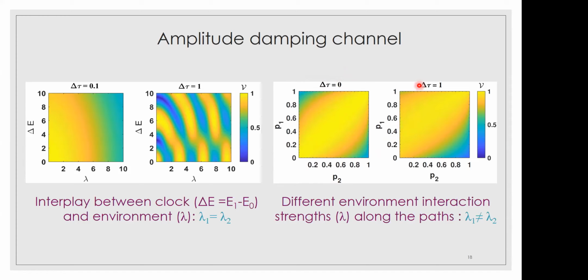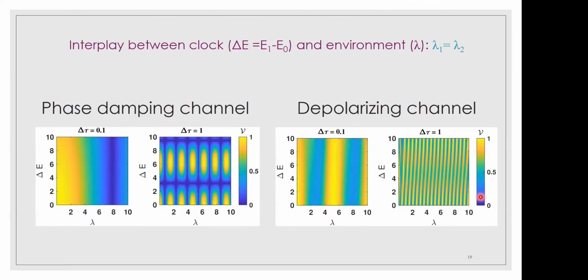And further, for higher proper time differences also, the visibilities are qualitatively and quantitatively different from what you would expect from non path dependent noise models. So this is an interesting case, but this may not be entirely practical. We expect that you have different noise or different environment interaction strengths along the paths. But of course, it is interesting.